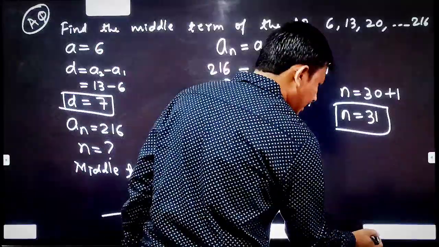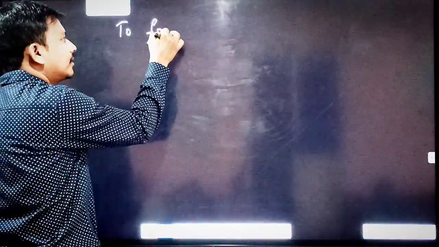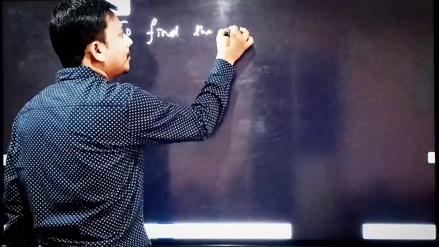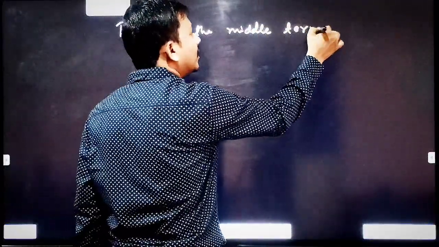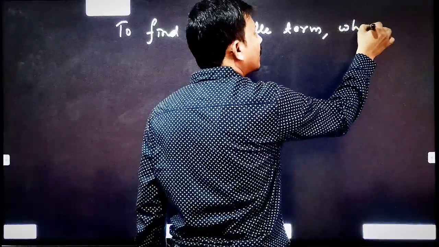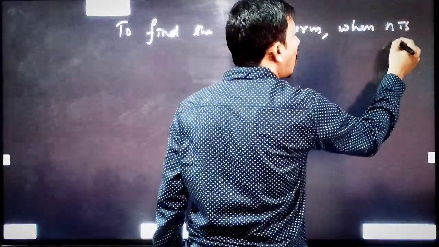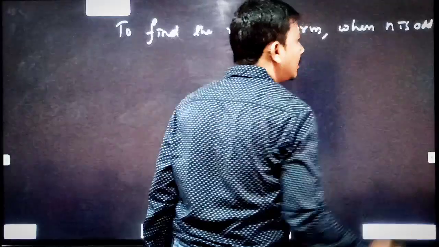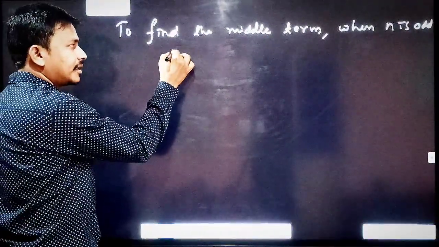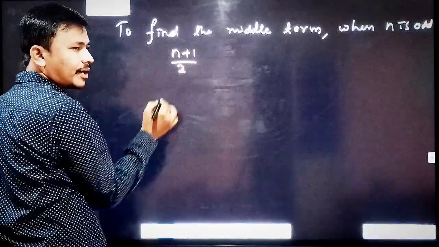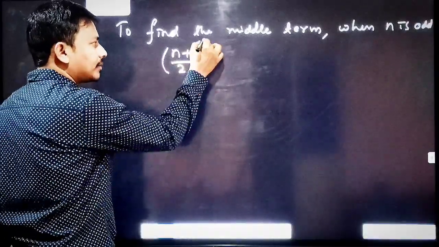To find the middle term when n is odd, the middle term is equal to n plus 1 divided by 2th term.